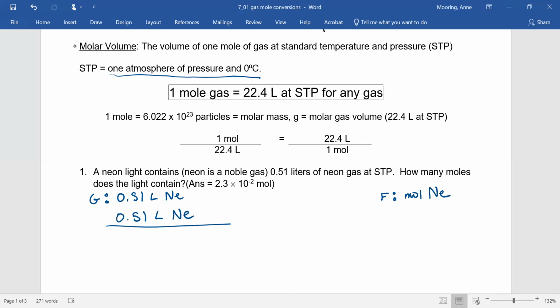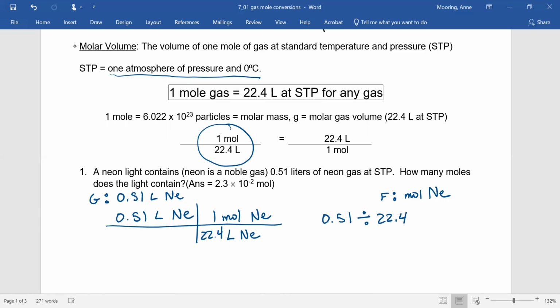Remember, in dimensional analysis, we always bring our units down. So we're going to bring down liters of neon. And if we look up here, we can go, oh, if I have 1 mole of neon, I have 22.4 liters. Remember, in our calculator, we would plug this in as 0.51 divided by 22.4.